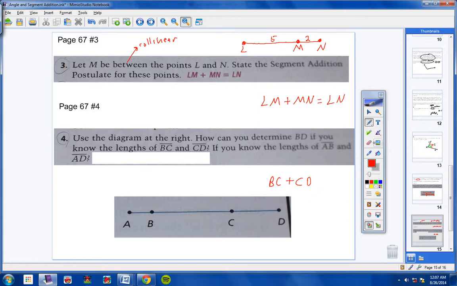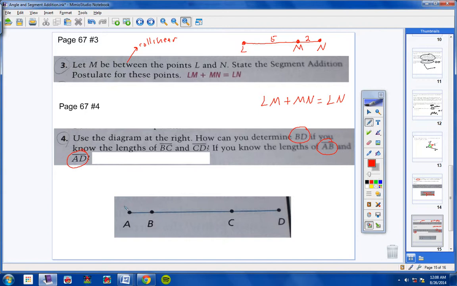Now, they throw another problem at you, and this was a lot more difficult. How would you find the length of BD if you knew the lengths of AB and AD? This is tough. Let's look at this again. How could you find the length of BD if you knew the lengths of AB and AD? Well, let's use numbers again to help us here, okay?